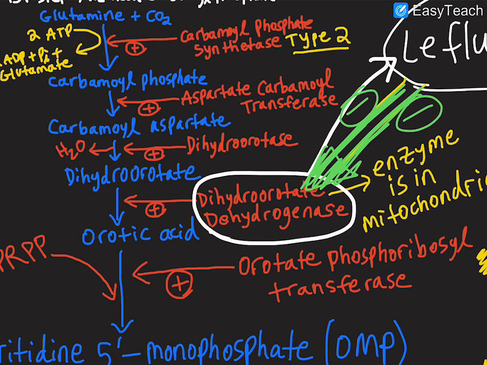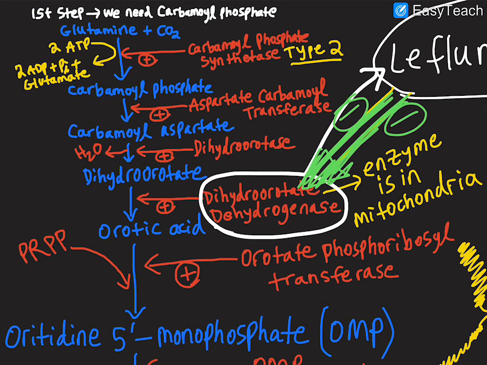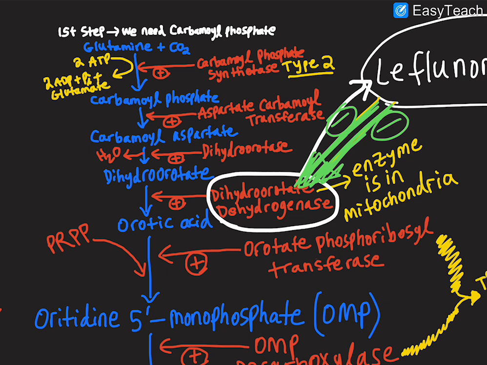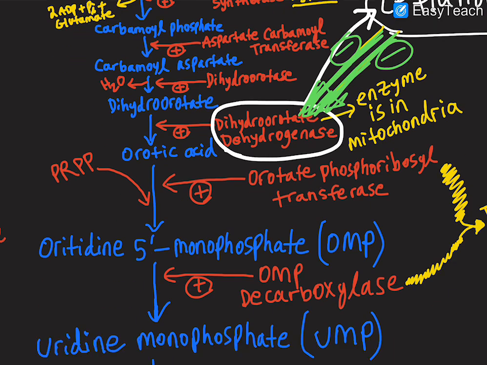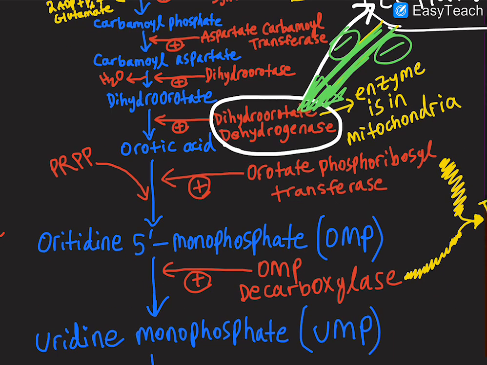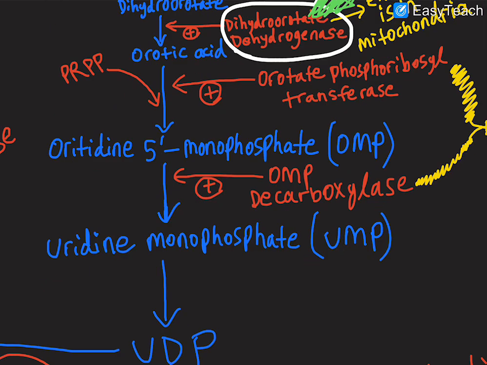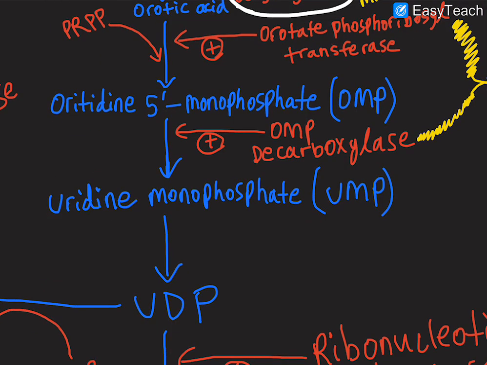Okay, so let's go down to OMP. Now from OMP, we went to UMP via OMP decarboxylase. Then from UMP, remember we went to UDP, so this step, OMP all the way to UDP.